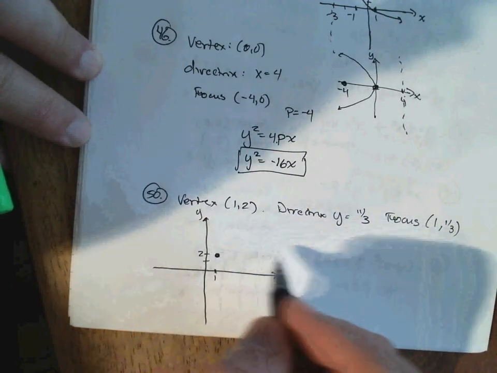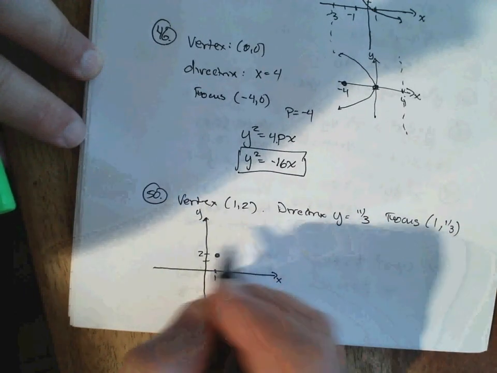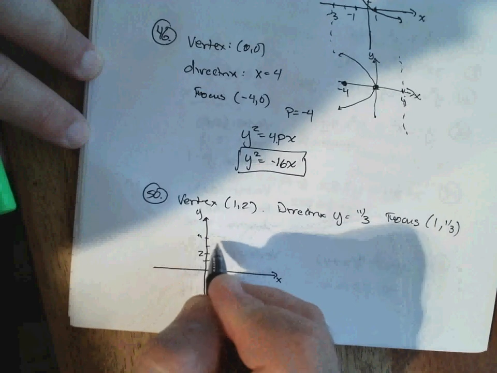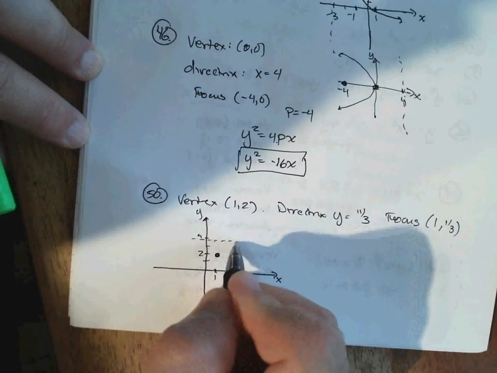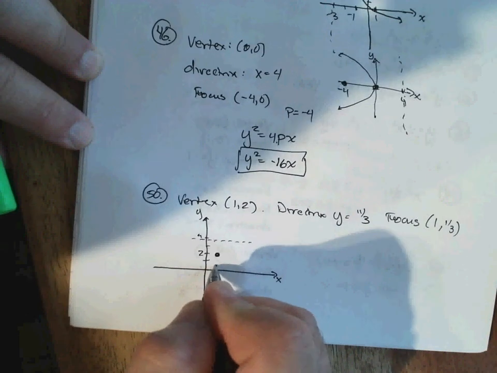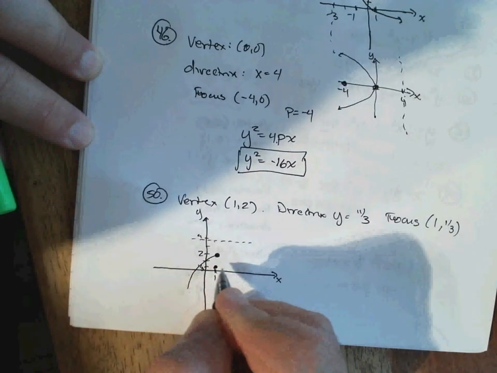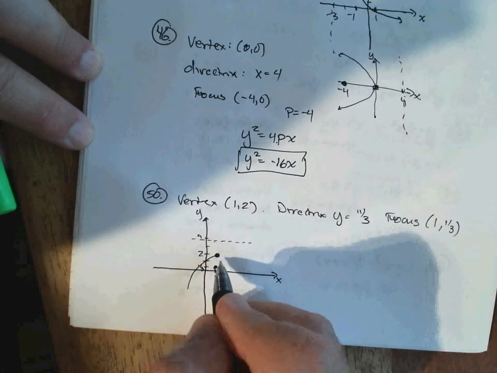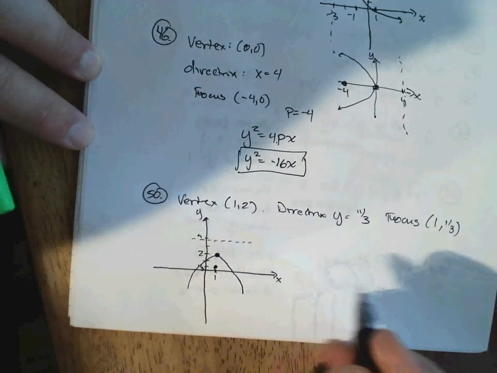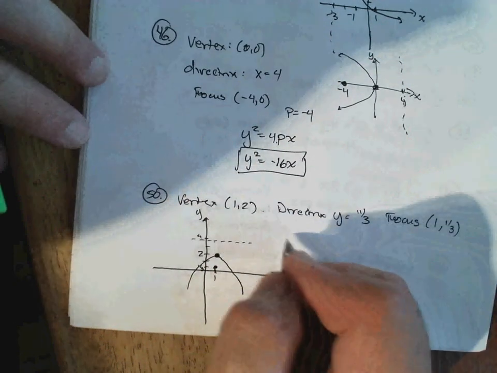Okay, there's my focus point. The directrix is the line y equals 11 thirds. 11 thirds is almost 12 thirds, which would be 4. So almost up to 4, not quite. Okay? And the focus is down here at a height of 1/3. So my parabola, in this case, is going this way.